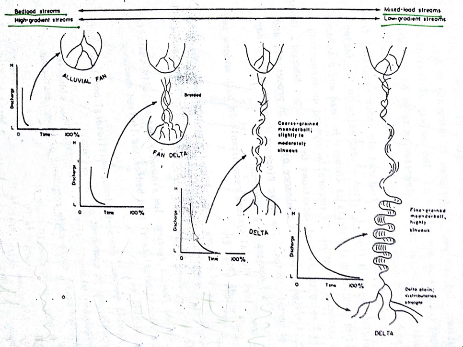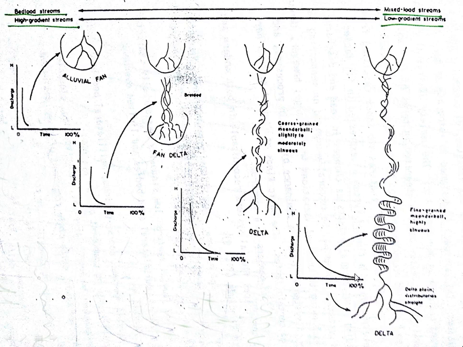With the age of river, if you see, the braided river system becomes coarse grained meandering river system, and then finally it becomes fine grained meandering river system. And here if you see the graph of time against rate of discharge, it is constant.